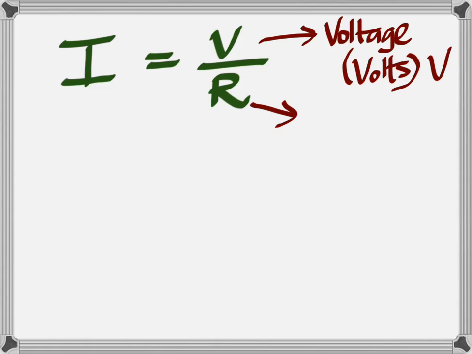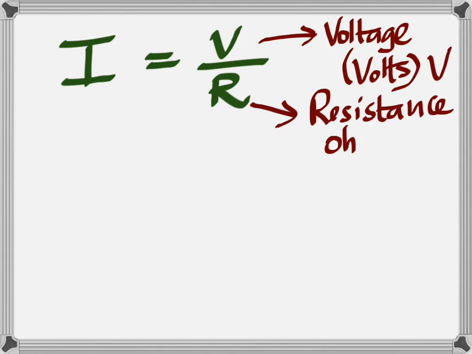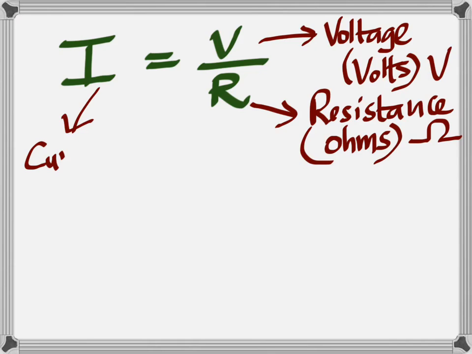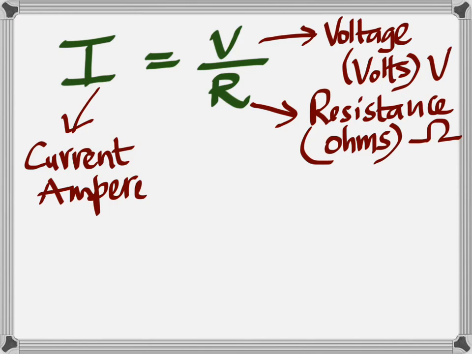Resistance, so R is resistance, measured in ohms, symbol omega, and I is current measured in amperes, A.